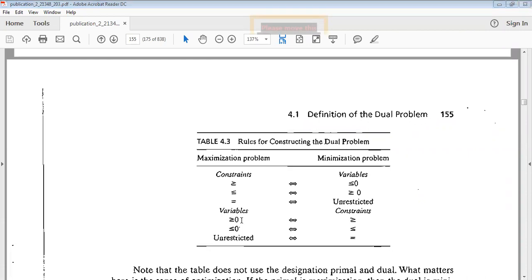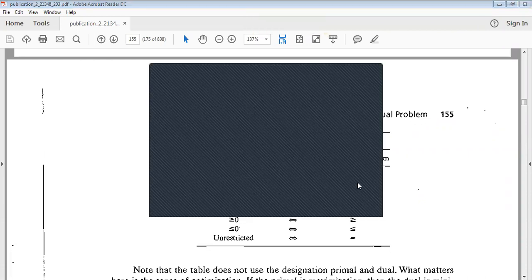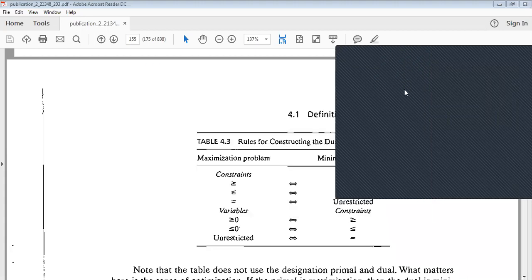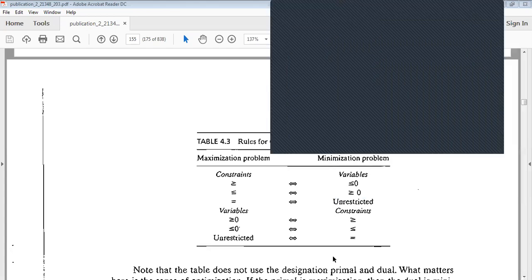Variables greater than 0, and automatically this particular thing. So these are the rules and regulations.